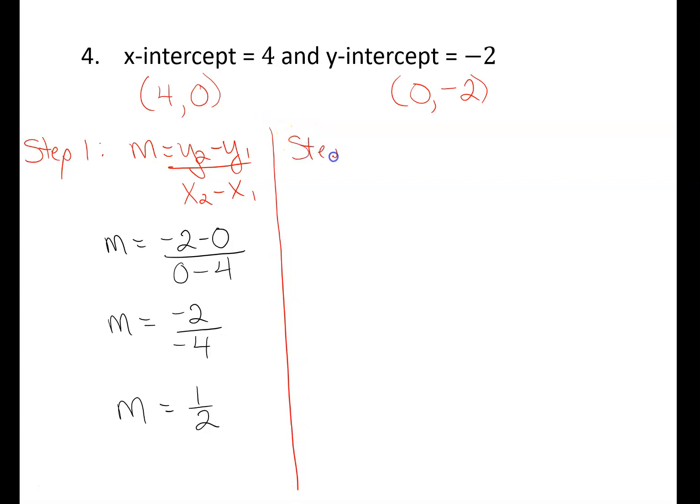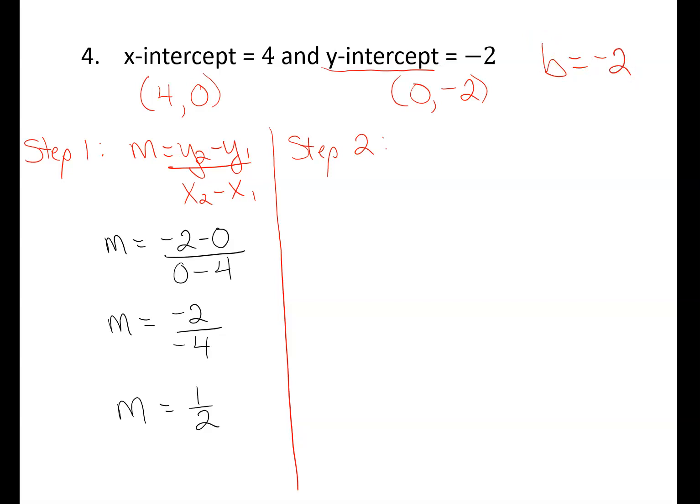Okay, step 2. I could use the point-slope form like I did in number 3, and that would work. Or I could recognize that the y-intercept was given, which means they gave me b. The y-intercept is b, so b equals -2.